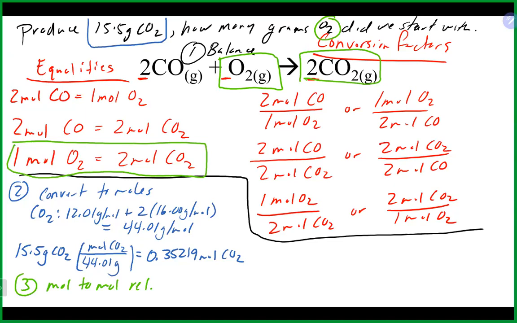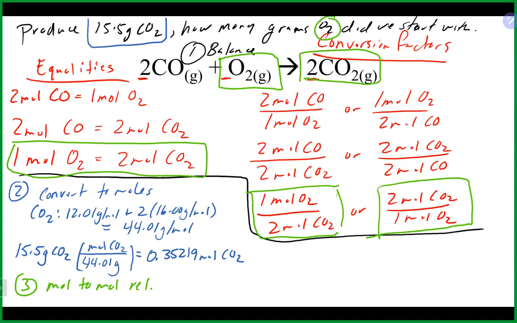That is the relationship we get from the balanced equation, from the coefficients. That is the big stoichiometry move right there. That gave us basically 2 conversion factors that we could use: this conversion factor or that conversion factor there on the right.